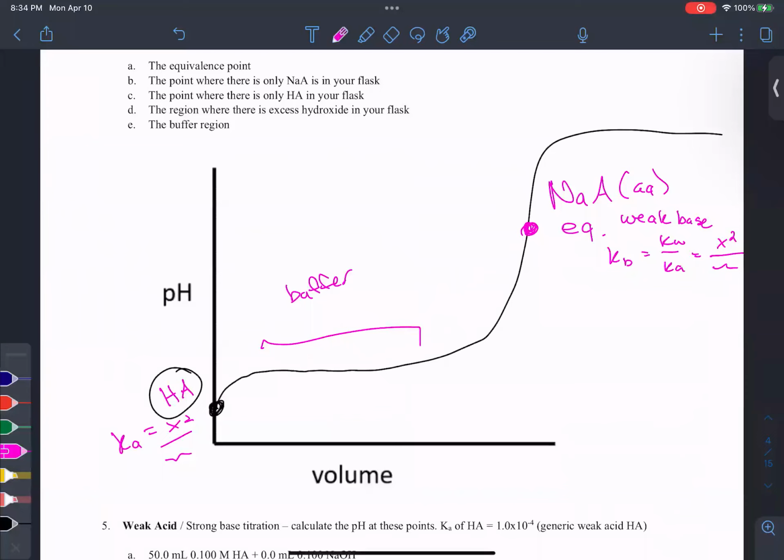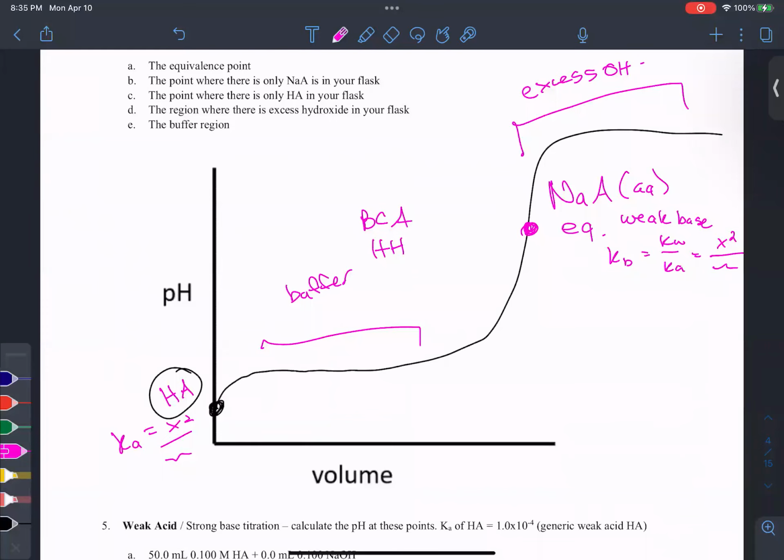So if we have a buffer present, we still have to do our BCA table, and then we do our Henderson-Hasselbalch equation. All right, that's back from midterm 2. BCA table, then Henderson-Hasselbalch. And then what about the point after the equivalence point? That's excess base, excess hydroxide. Yes, and the calculation will be exactly the same as the previous example.